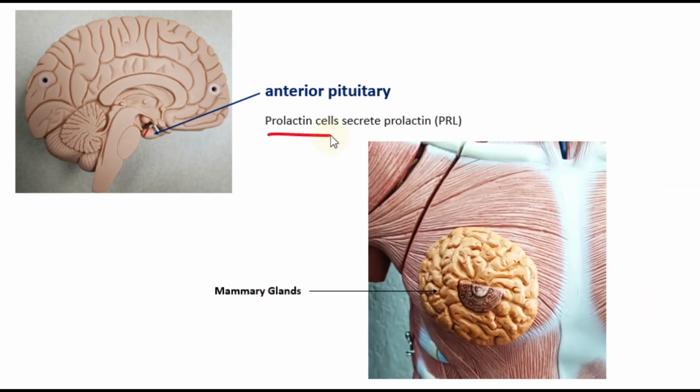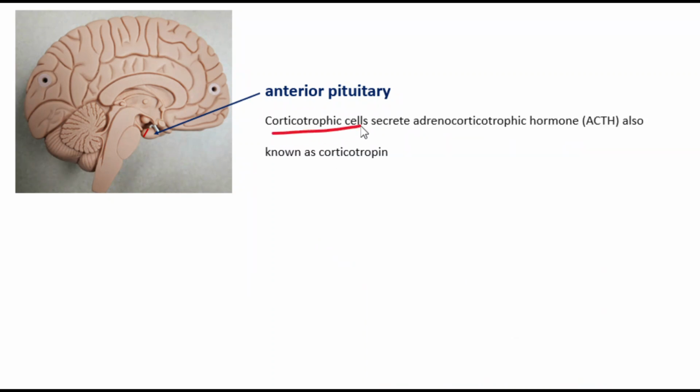Prolactin cells that we have in anterior pituitary secrete a hormone named prolactin. Prolactin is one of the hormones that impact the glandular cells that we have in mammary glands and stimulate these cells to actually produce milk. And corticotrophic cells secrete a hormone named adrenocorticotropic hormone, or we know it mostly as corticotropin.